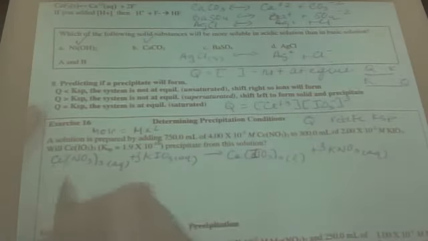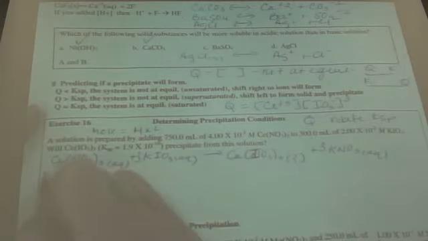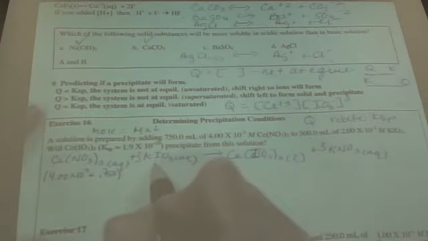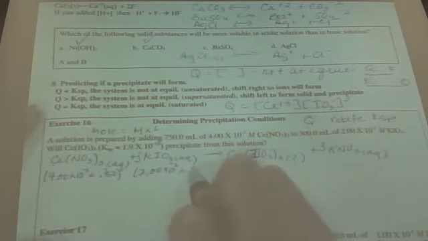So one step at a time. So the moles of cerium that are in here are equal to 4 times 10 to the negative third times 0.750. And the iodate moles are equal to 2 times 10 to the negative second times 0.3.